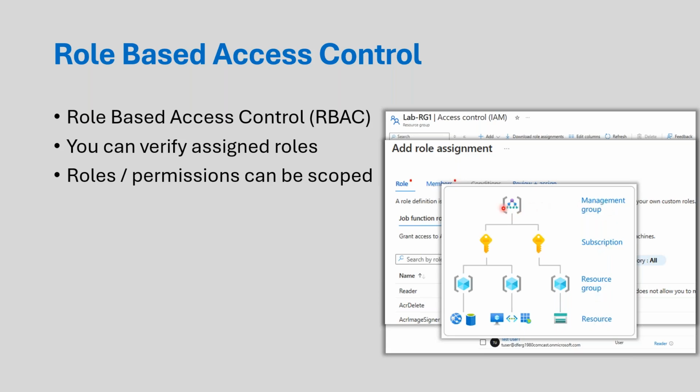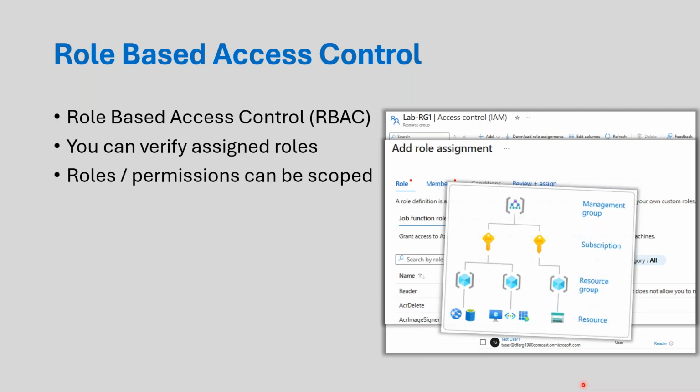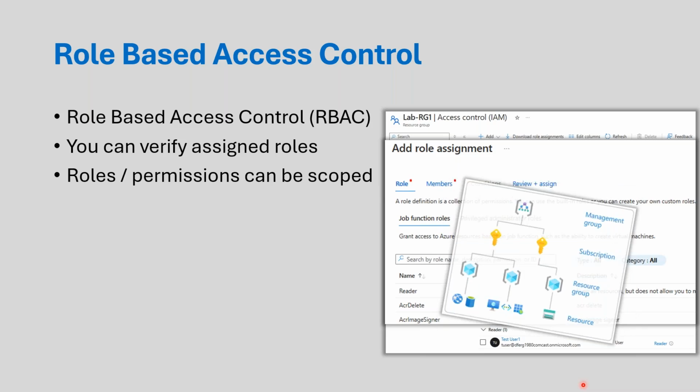Did you grant it all the way up at the management group, which is like everything at a subscription? So they would have everything within a subscription, at a resource group, which would be everything in the resource group, or down at the resource itself. So that's the scope. That's the range, the realm of which they can gain permissions. So the permissions would be based off of who you're granting permissions, what permissions you're granting, to what scope, and then that is my role assignment.